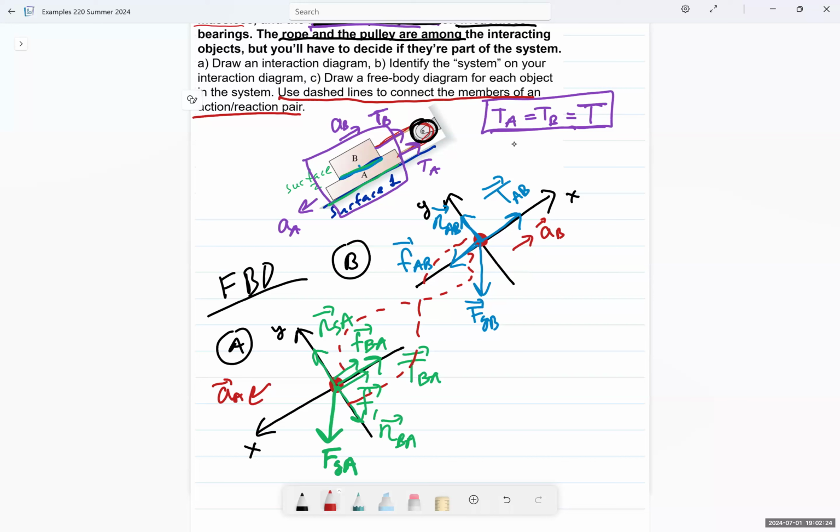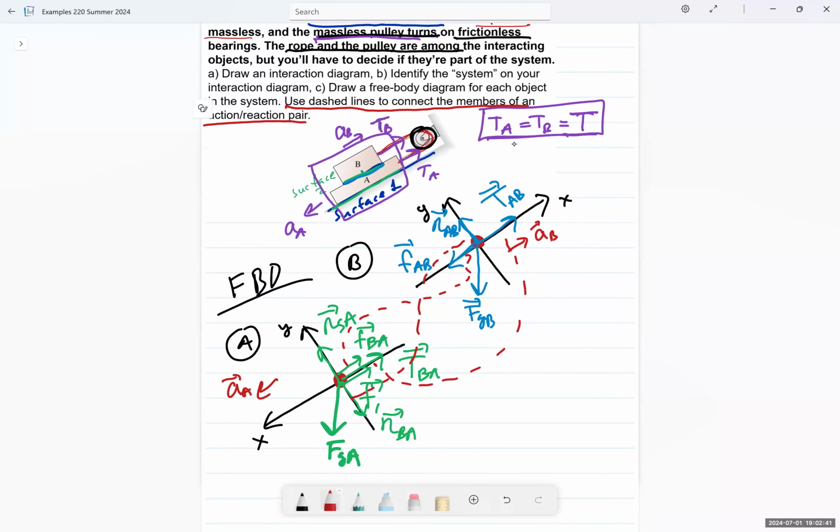In one case, it's in the direction of acceleration, in another case in the opposite direction of acceleration. That's also an interacting pair. Okay. So that should be pretty much all of them. Those three things are interacting. All right. Any questions?